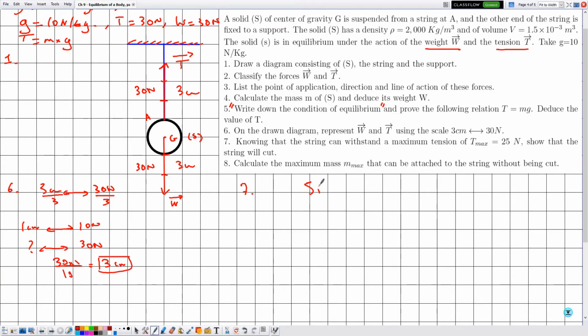Since the applied tension T, 30 newtons, is greater than T max, the maximum tension that the string can withstand.